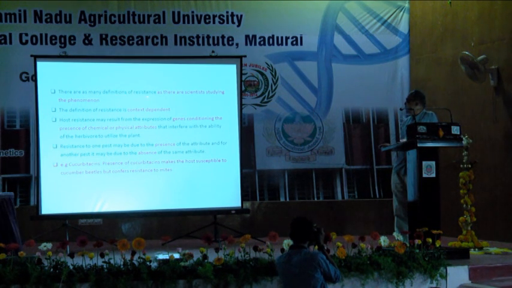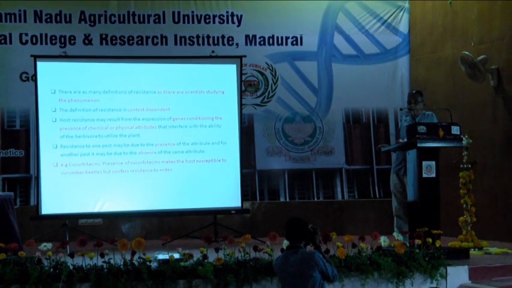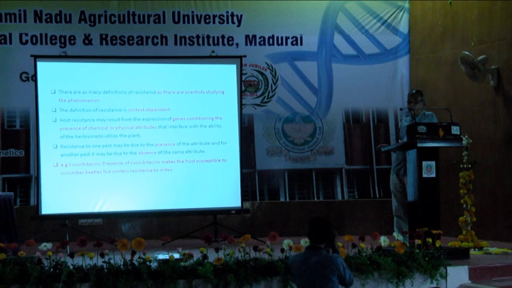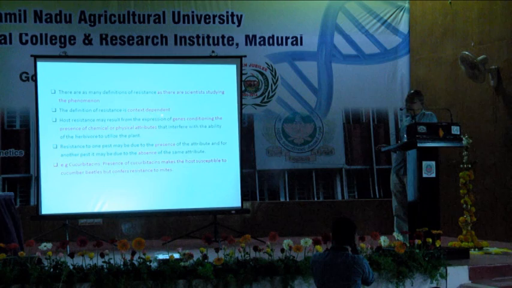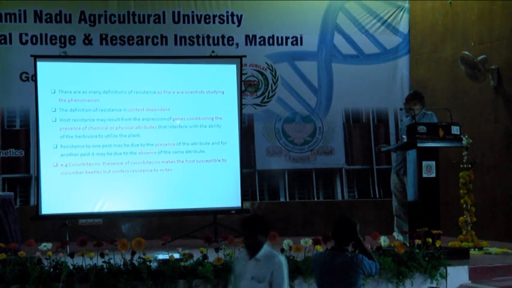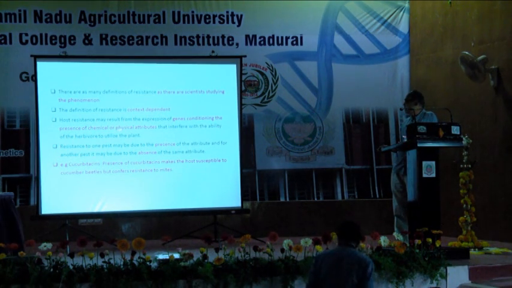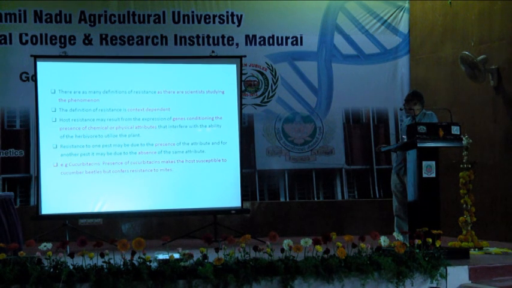So there are as many definitions of resistance as there are scientists studying the phenomenon. If you see the host plant resistance definitions, there are any number of definitions available. The definition of resistance is context dependent: genes conditioning the presence of chemical or physical attributes that interfere with the ability of the herbivore to utilize the plant.